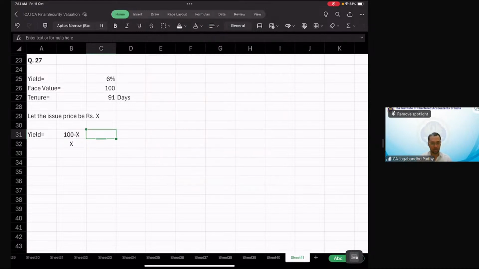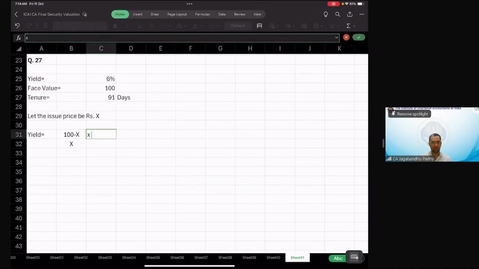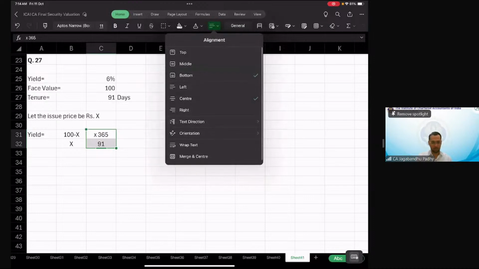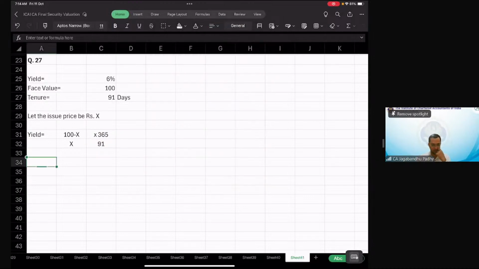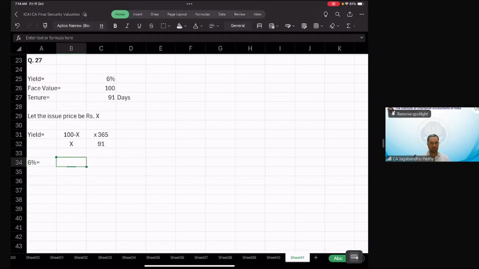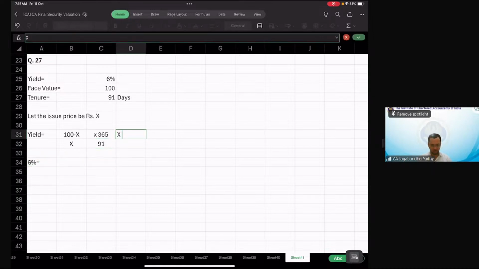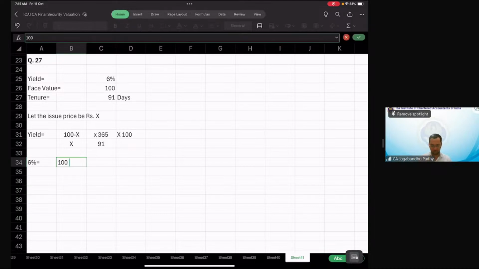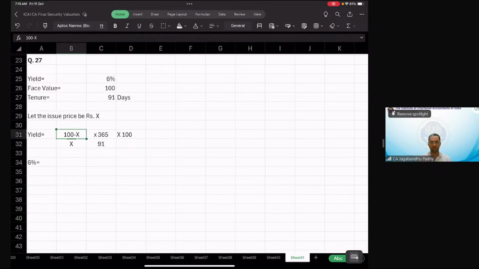Then you multiply it with 365 by 91. So the yield is 6%, and of course you multiply by 100 also. This portion is going to remain the same.